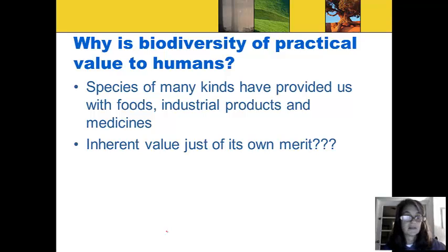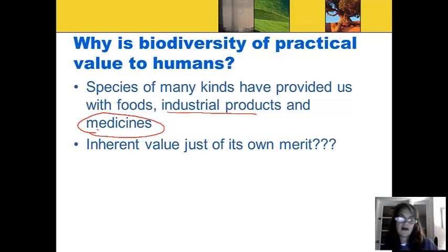For example, things that can provide us, of course, with food, but also products for industrial use to make our lives better, and medicines that come from plants and other organisms that may help save human lives. And we are exterminating species at such a high rate that we may wipe out these sources of new medicines, new fibers, new products, new substances before we ever get a chance to know about them.